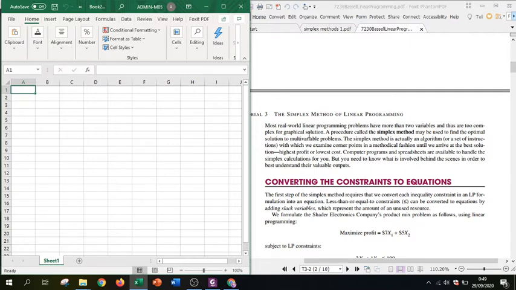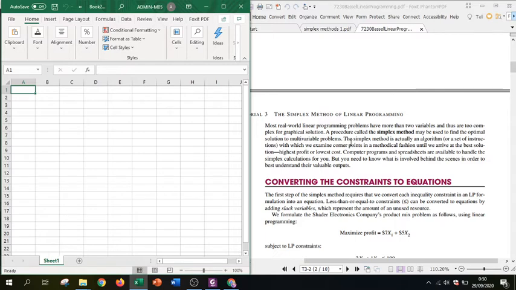So the simplex method may be used to find the optimal solution to multivariable problems. The simplex method is the better solution to solve problems with more than two variables.